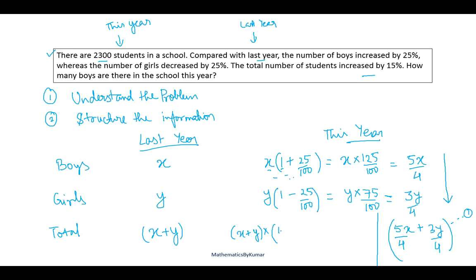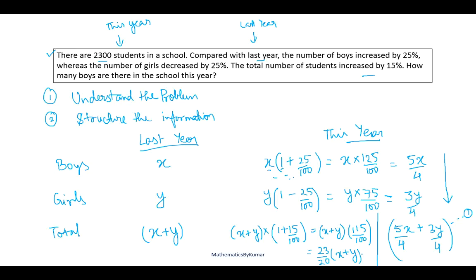This increased by 15%, so I'll use the normal format that I have. This will become x plus y multiplied by 115 over 100. This can be simplified to 23 over 20 multiplied by x plus y.